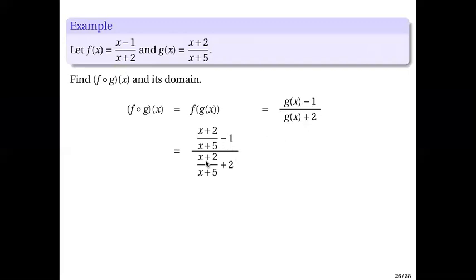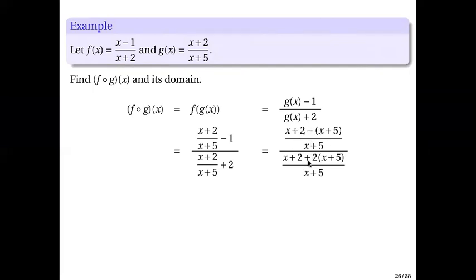Then the denominator, you have x plus 2 over x plus 5 plus 2. So you just replace it, and then you simplify this complex rational expression. You can combine this guy here into a single rational expression, similarly for this. So you will get this expression here.